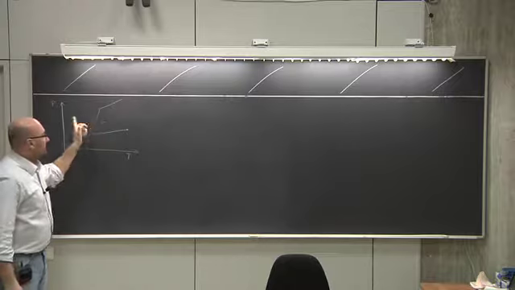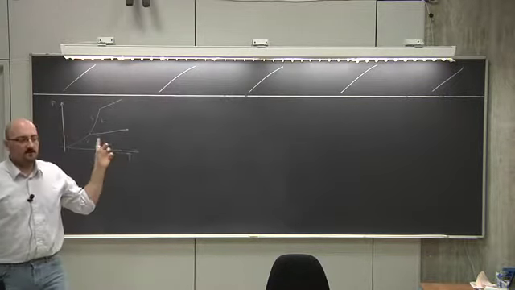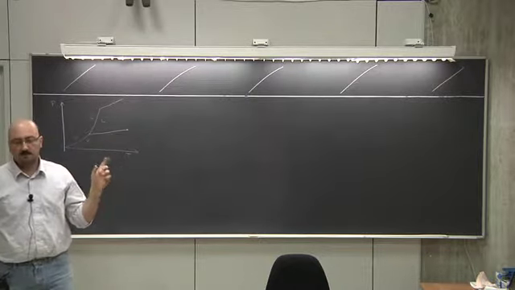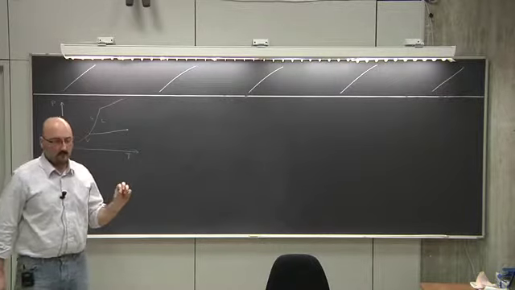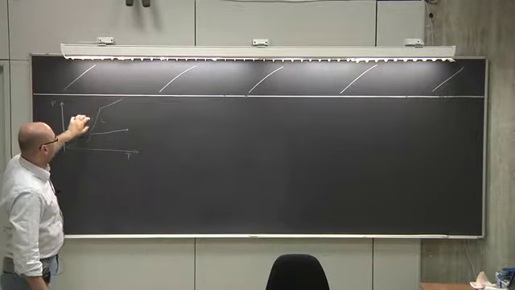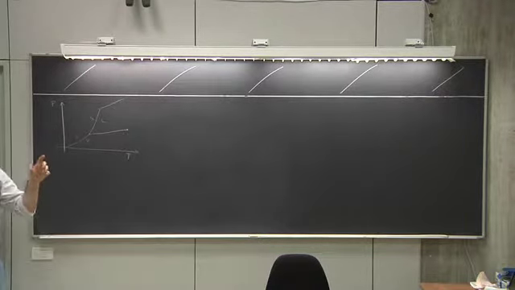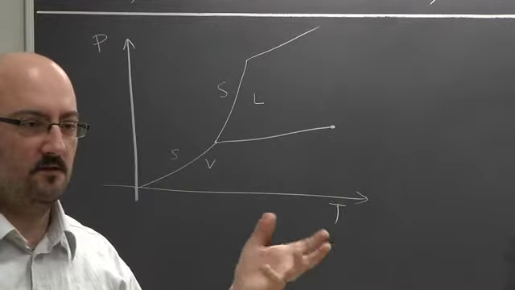The reason is that the solid possesses symmetries. Let's assume it's a crystal. It possesses symmetries that the liquid does not have. In order to go from solid to liquid, you know about the symmetry groups in crystallography.